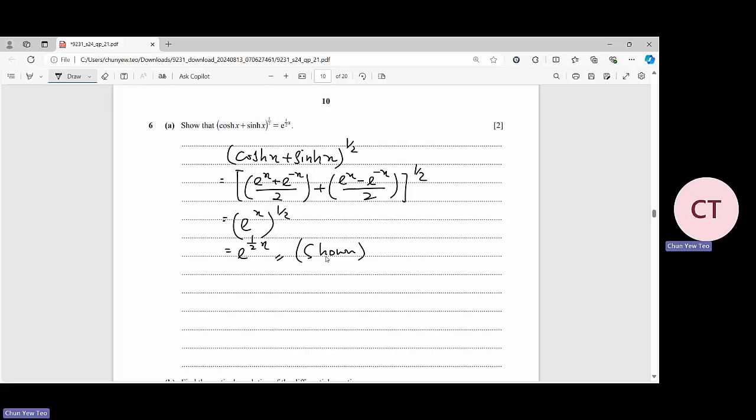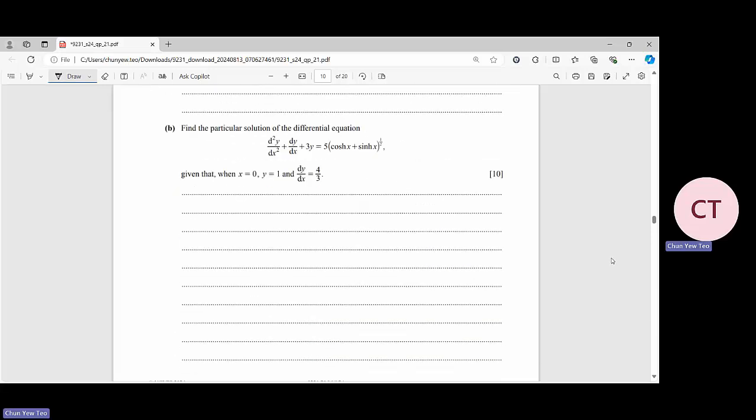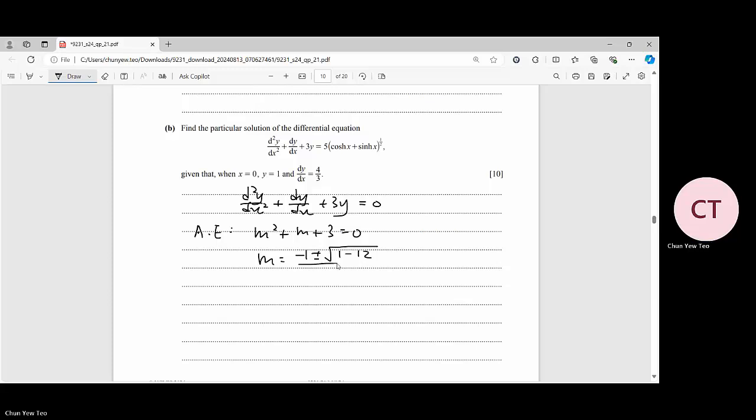Then part B, they want you to find the particular solutions for the second order differential equation over here. So what you need to do is just take the left-hand side out, let it equal to 0 first, and then convert it to an auxiliary equation. There will be m squared plus m plus 3 equal to 0. We're not able to factorize it, so we'll be using the quadratic formula to solve it. Negative b plus minus square root of b squared minus 4ac divided by 2a.